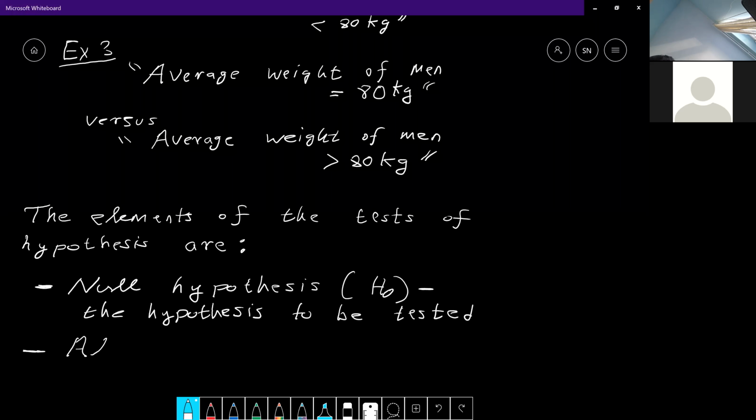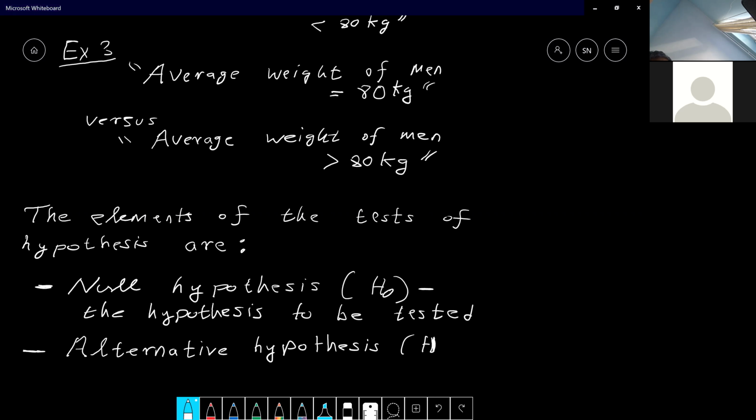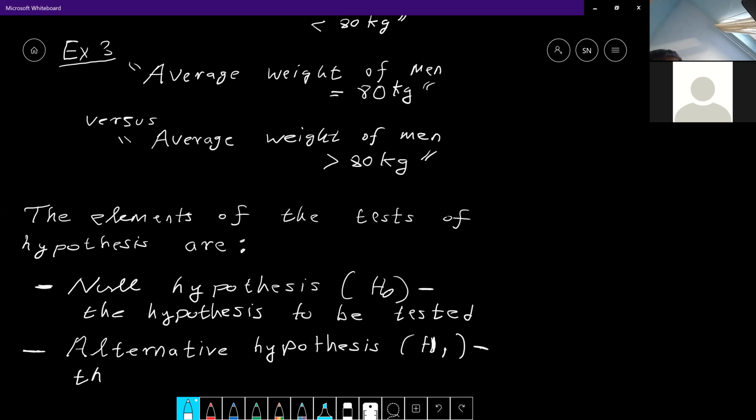It is denoted by capital H subscript 1, and it's known as the research hypothesis.